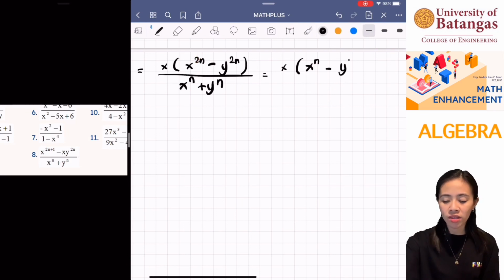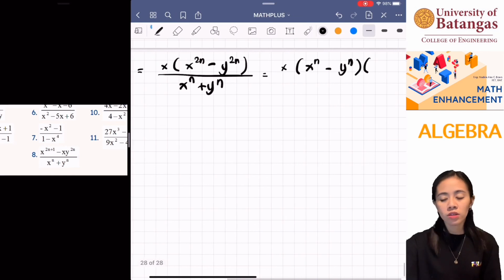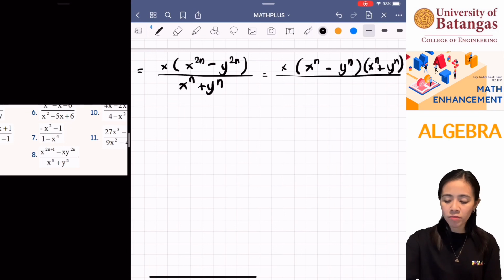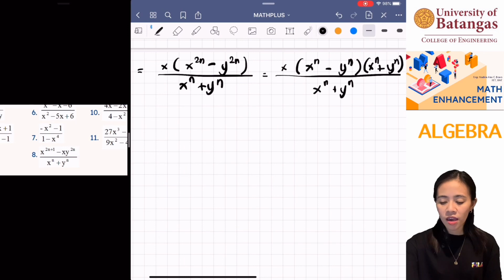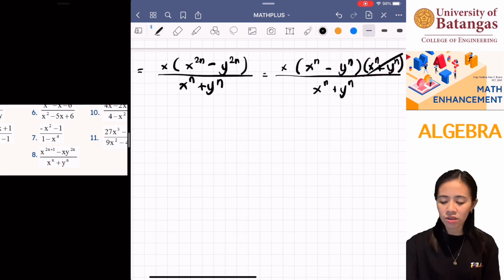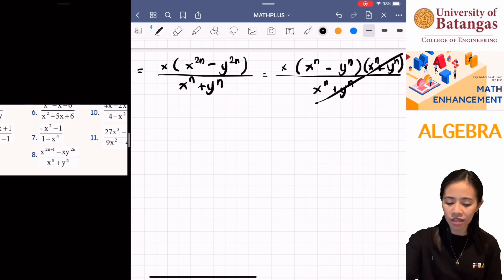Minus y raised to n, same will happen in the next term. All over, multiplied by, so, difference of squares to. So, same binomial, pero this time, sum naman. Okay? All over, you have x raised to n plus y raised to n. And there you have it. X raised to n plus y raised to n is common on both sides. So, we cancel this, and then we get this as our final answer.